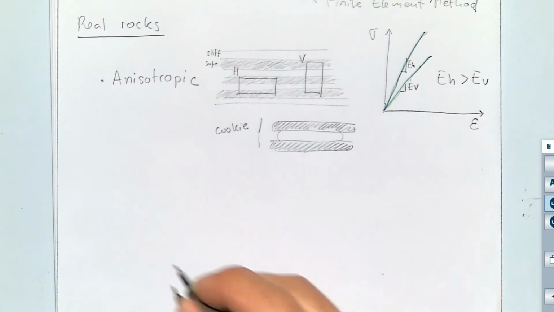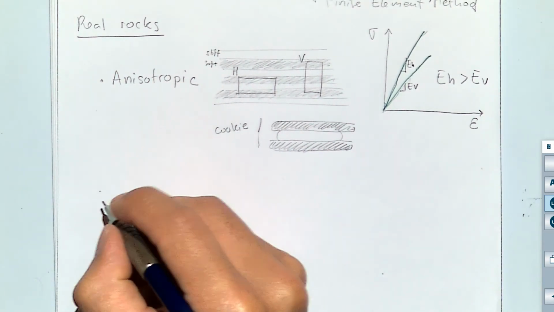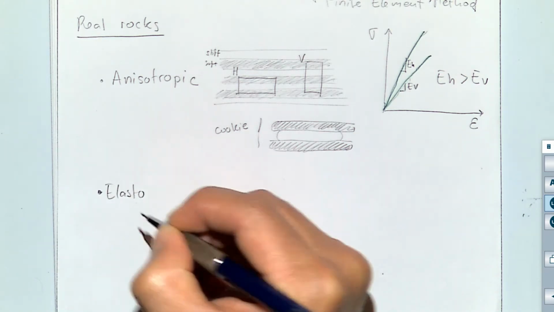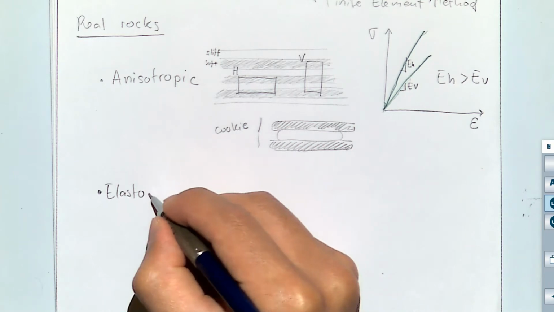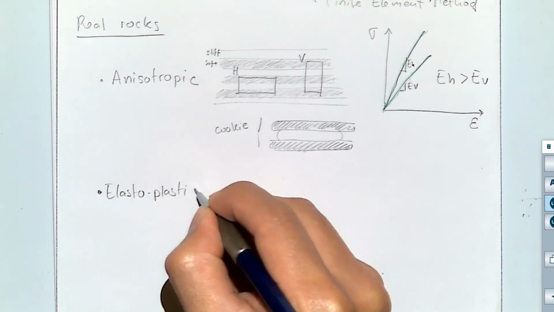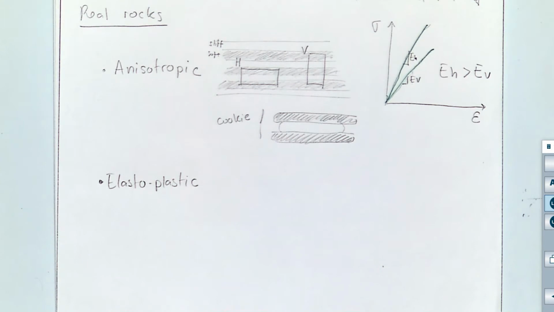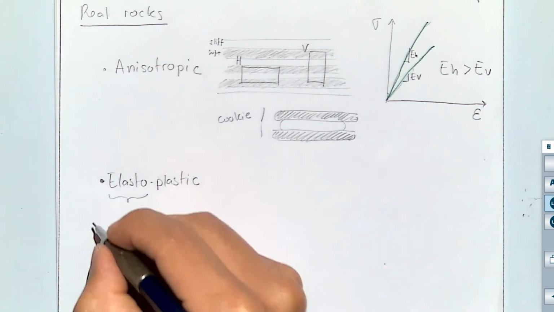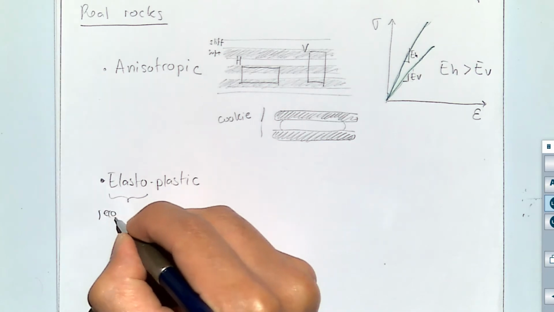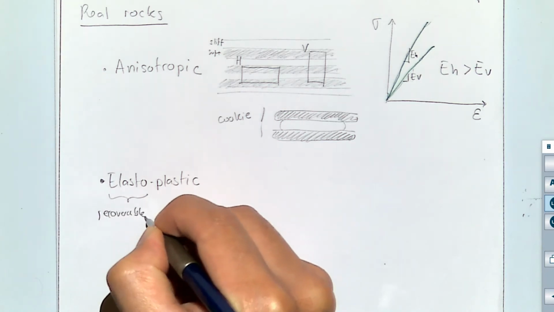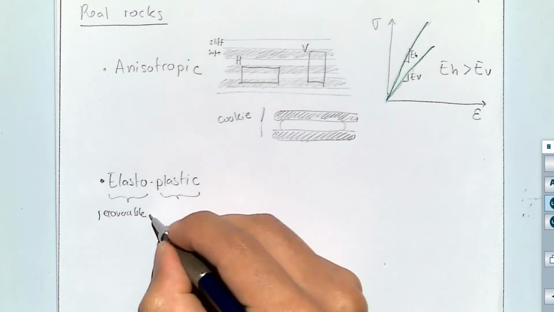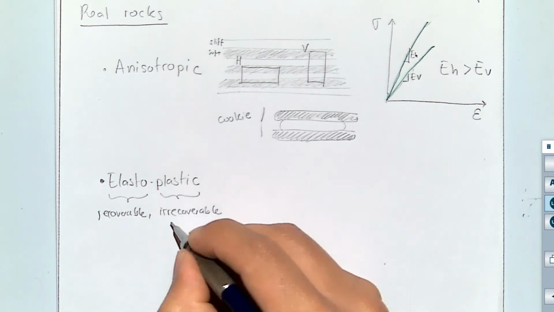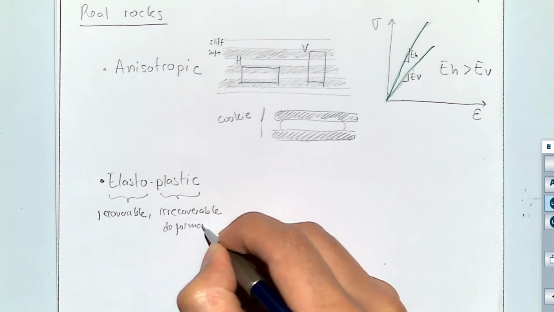Second thing, rocks tend to be not only elastic, but also elasto-plastic. What that means is that they will deform with a combination of recoverable and irrecoverable deformation.